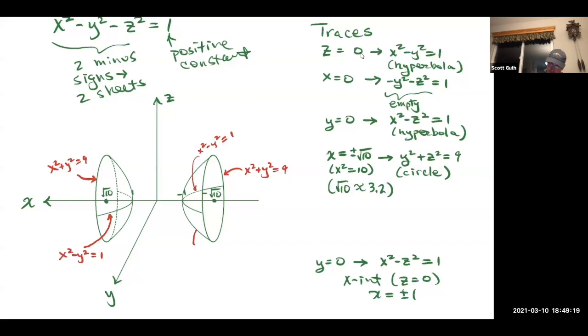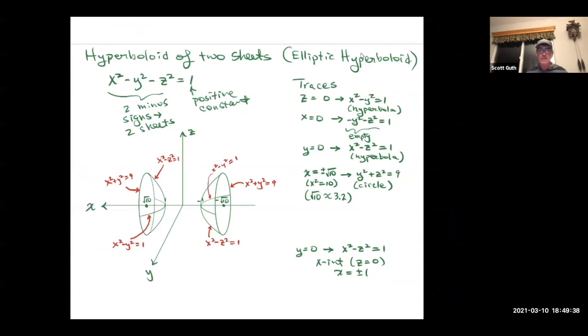These are in the xz plane. This one is x squared minus z squared equals 1, and the same with this one. So again, that's a hyperboloid of two sheets. There it is. Hard to draw.